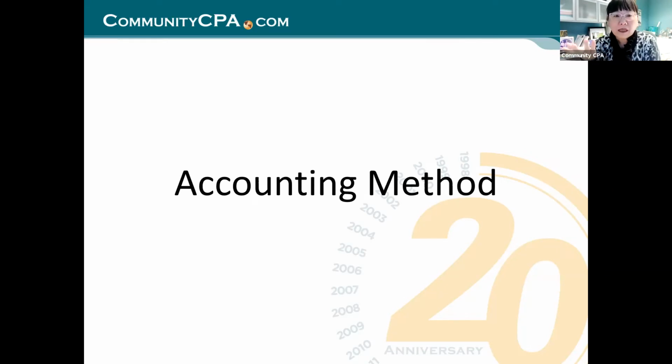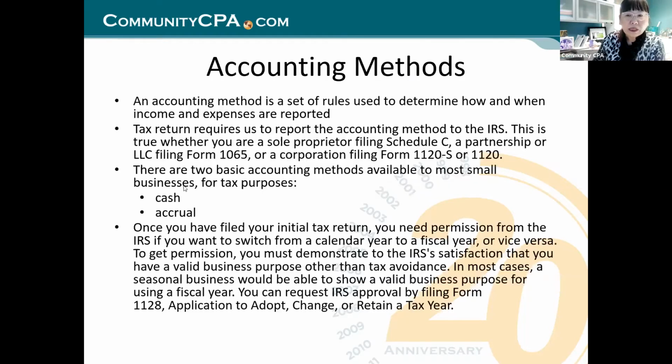Accounting method, normally, if you look at your tax return, it actually asks you, what's your accounting method? You choose cash method, accrual method, then there is another one called others, okay? The others is for you if you don't want to be on cash method.